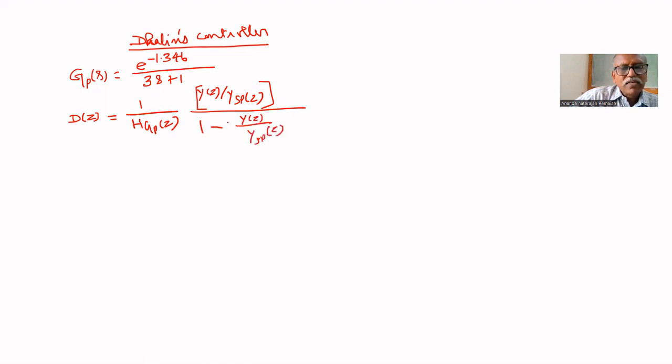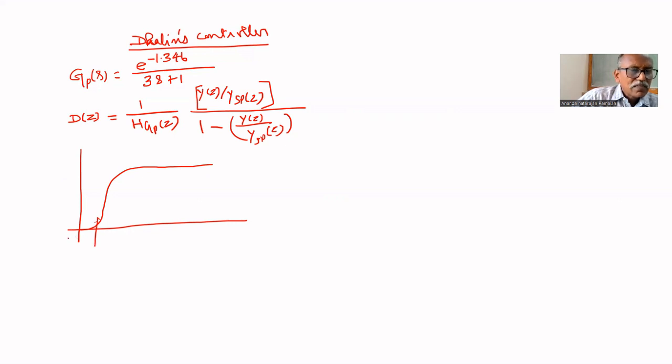This is the formula for any digital controller. But for the Dahlin controller, we are assuming that the response is also a first order response with dead time.